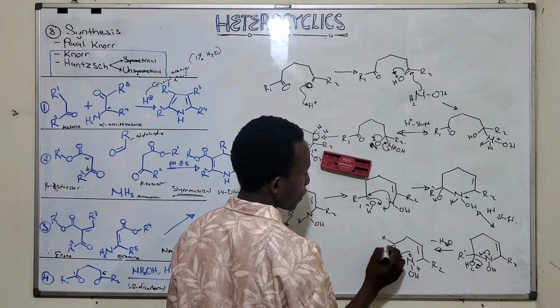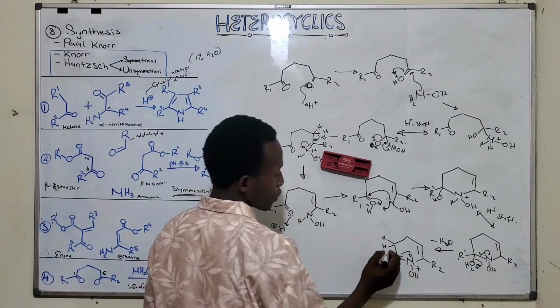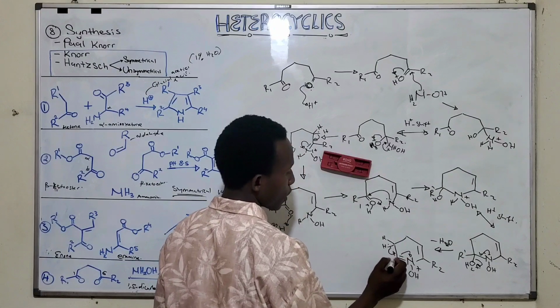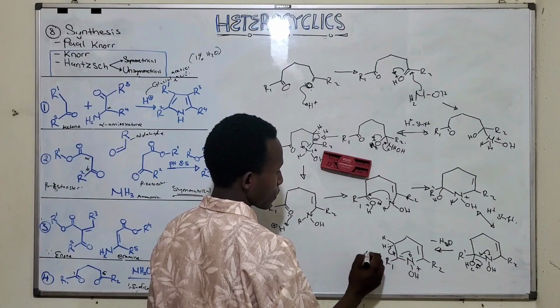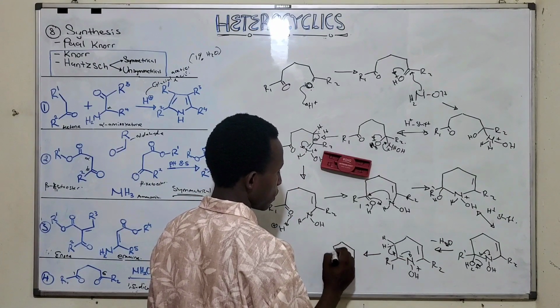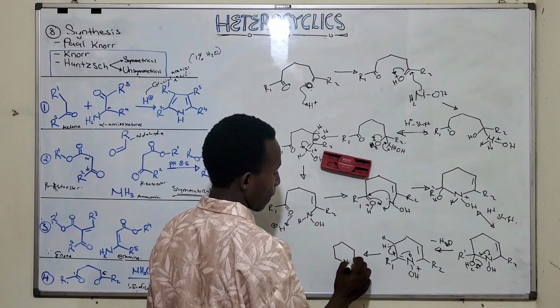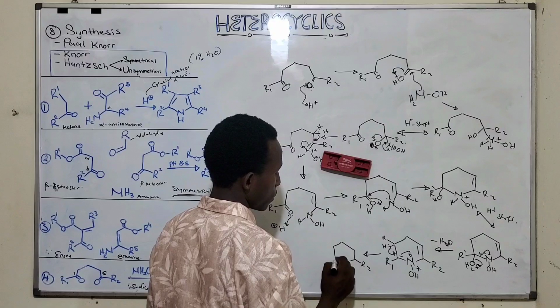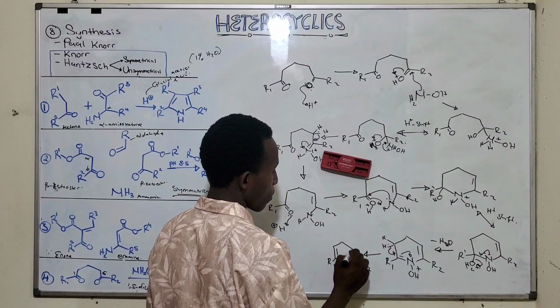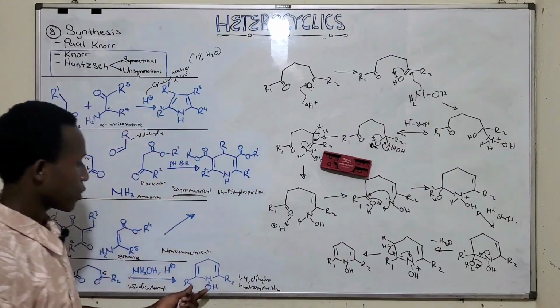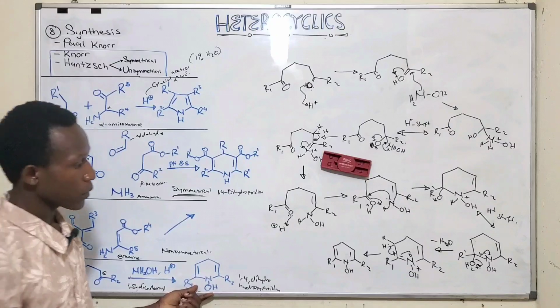Here we have hydrogen and hydrogen. So one of the hydrogen forms a bond there. So we shall have this N, OH, R2, R1, double bonds. So we're having this.